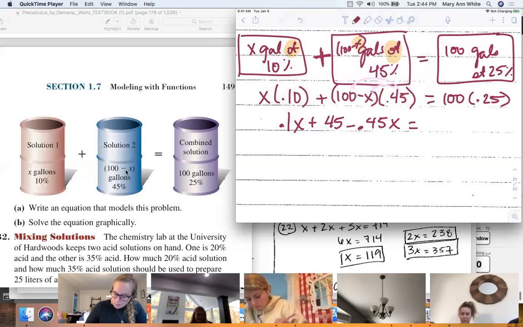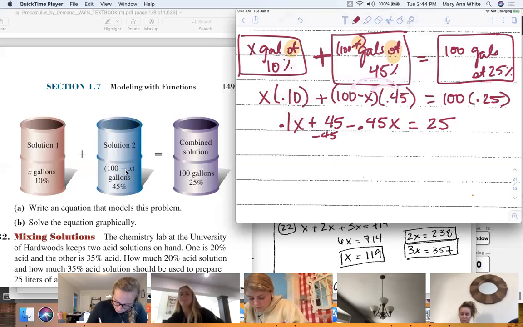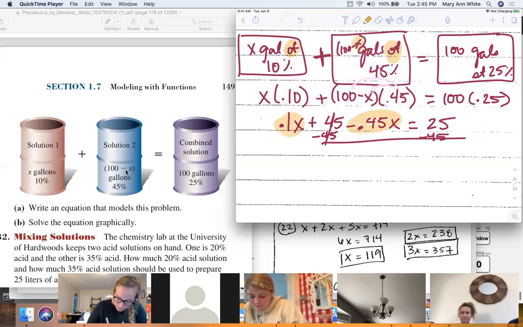And then 100 times 0.25 is just 25. We're going to minus our 45 from both sides. I'm going to combine my 0.1 and my negative 0.45. So I get negative 0.35x equals negative 20.